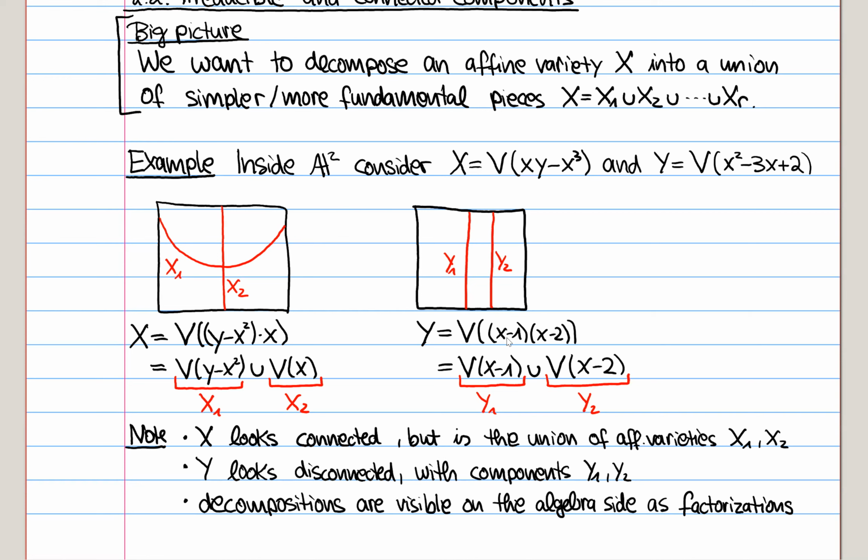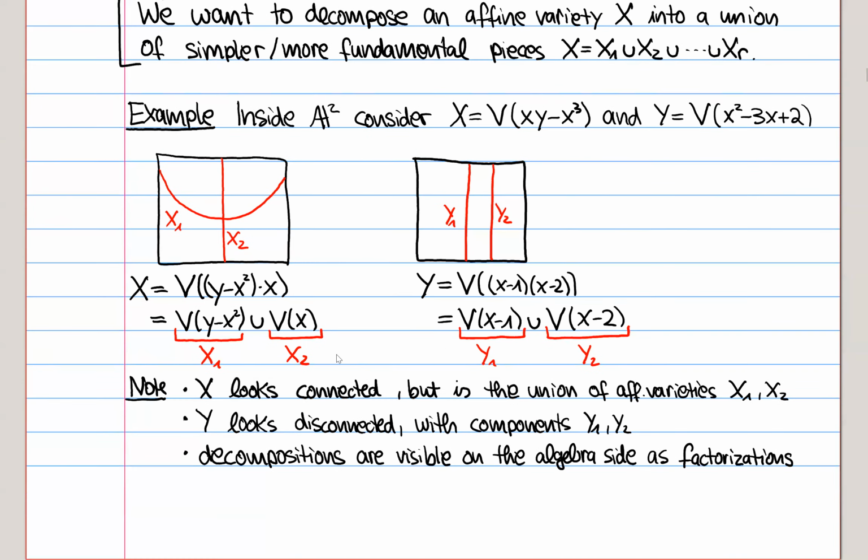One thing we observe in this particular case is that these decompositions came from the algebra side as factorizations of the polynomials describing these loci, or of their respective ideals. Okay, so this was the example to keep in mind, the two different ways in which a space can decompose as a union.